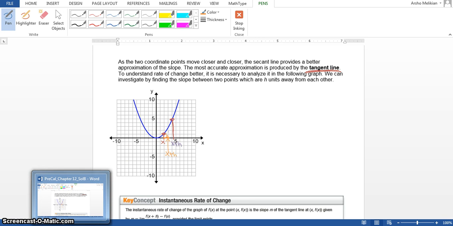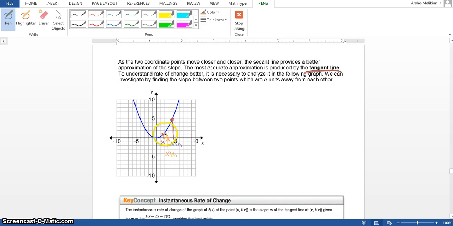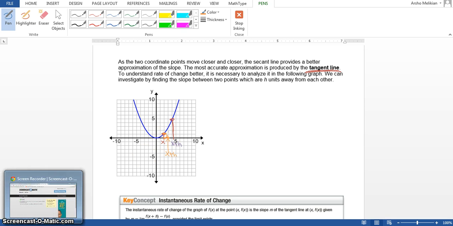Well, how small are you going to make h? You want to make h almost 0. Okay? It's like you love somebody so much, you want to get so close to them, you're 0 centimeters apart from them. That's what we want to do. We want to get these points so close to each other, they're 0 centimeters away from each other. That's exactly what we're doing.